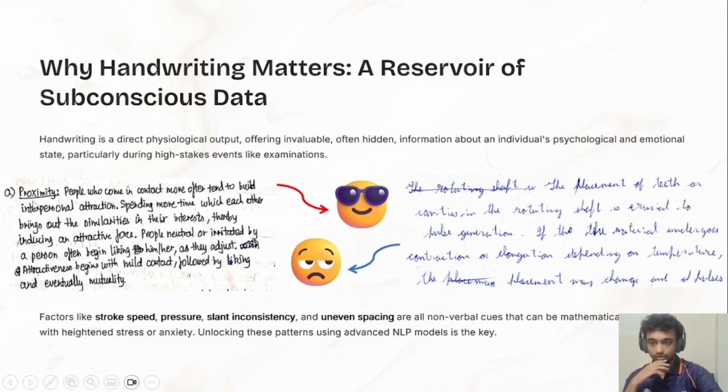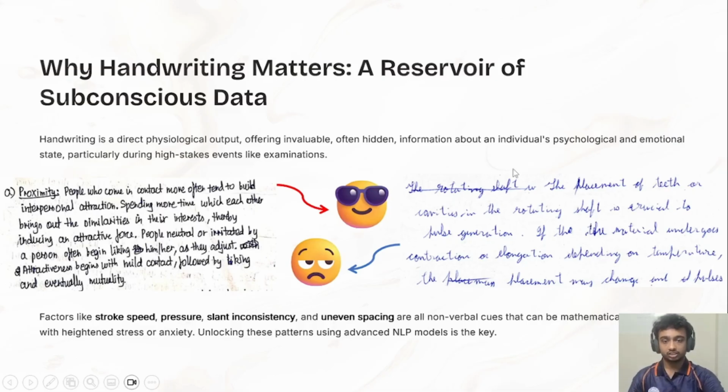The left one shows the answer script of the less stressed person, and this is evident from the fact that the words are somewhat evenly spaced and there is consistency in the handwriting. The person has a consistent stroke speed and pressure, and hasn't changed the slant of the handwriting.